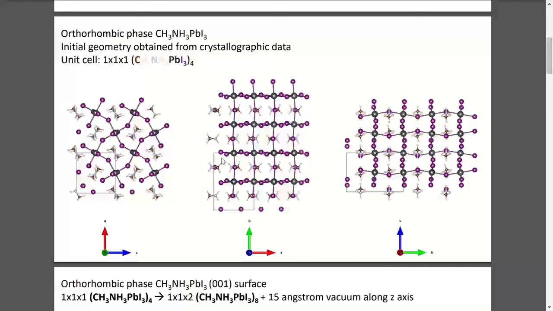Just in case someone hasn't heard about this research, this is how we create the model. We start from the bulk crystal structure, for the formamidinium-based perovskite. We create a unit cell and cut it.